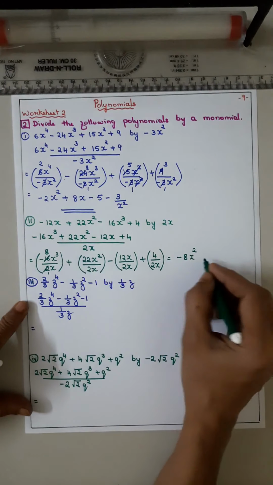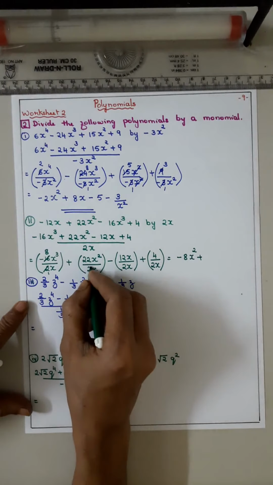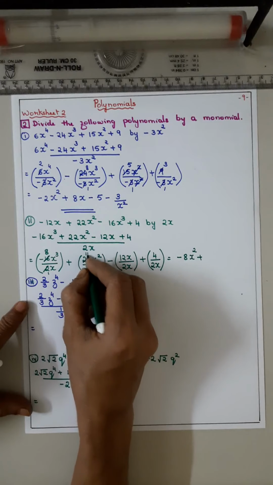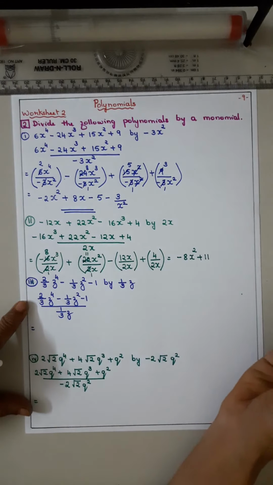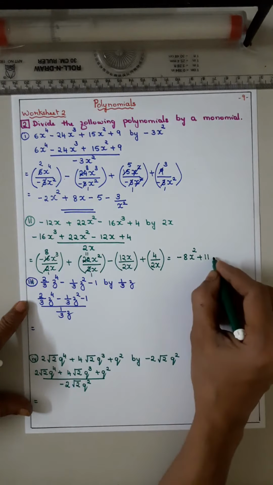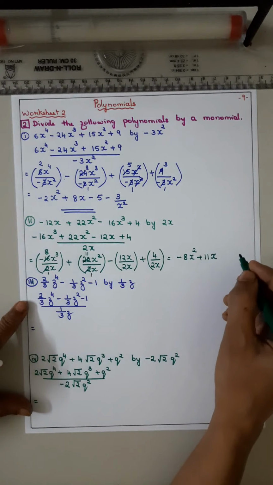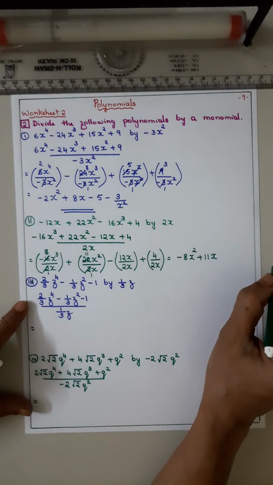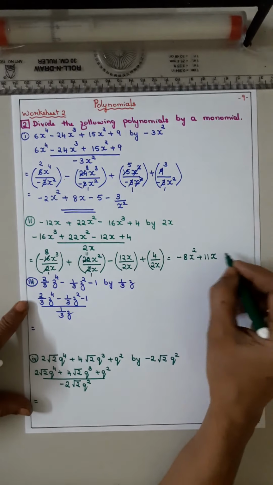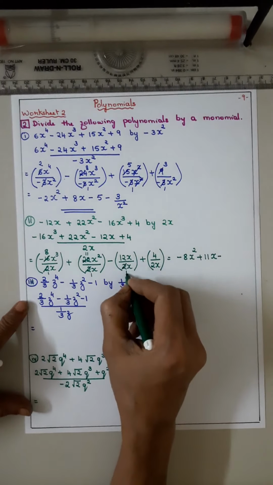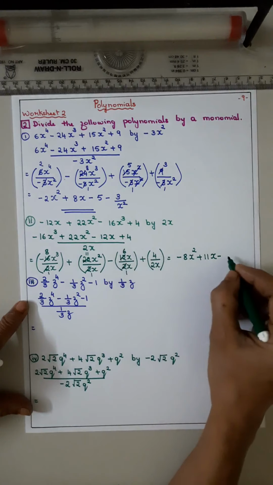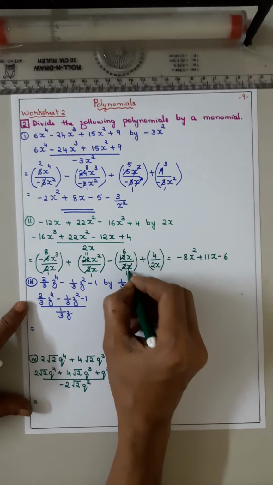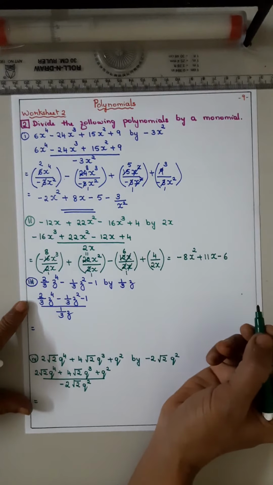Now plus 2 ones are 2, 11s are 11, x squared upon x, that is 2 minus 1 is 1, so no need of writing. Then minus 2 ones are 2, 6s are 6, x also gets cancelled.